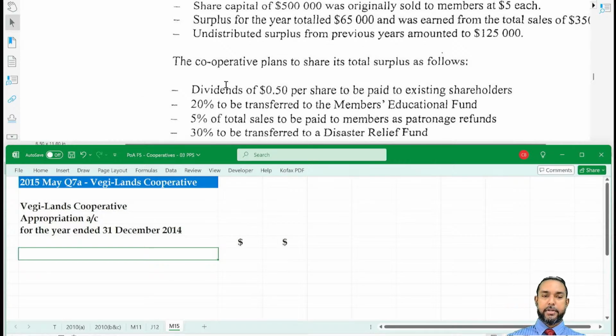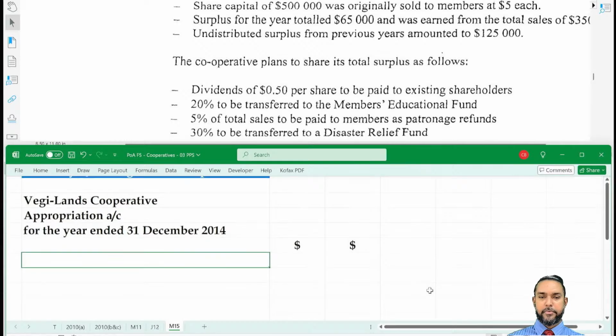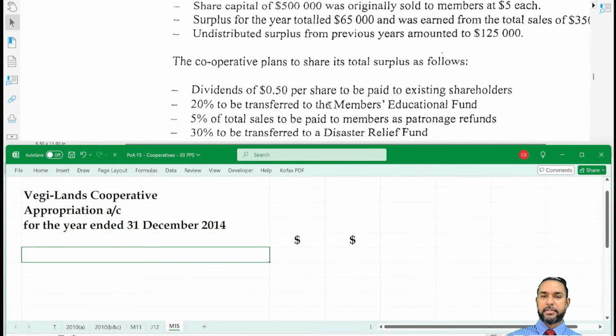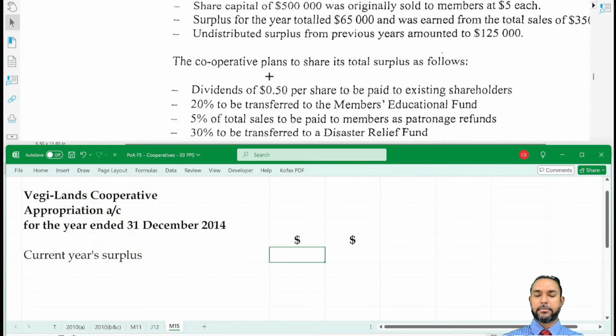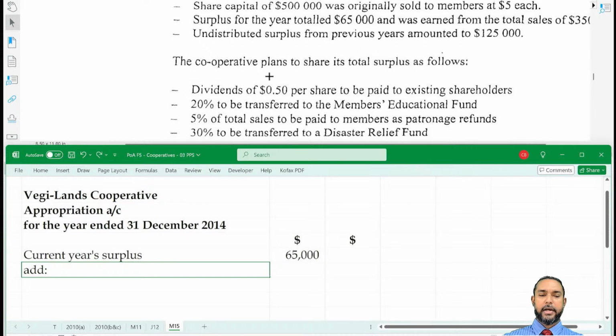For the first couple items, right? So let me actually go in here a little bit more. So you start with the current year surplus of 65,000. Add the distributed surplus brought forward.